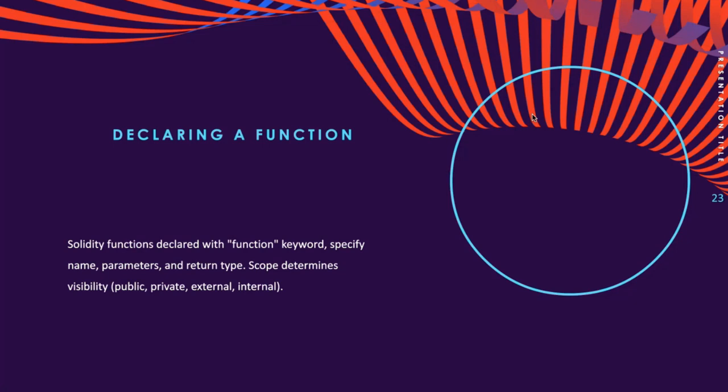The return type must be declared at the time of function declaration. The function code is written in a block following the declaration and closed in curly braces. The function scope determines its visibility and accessibility and can be specified as public, private, external, or internal.